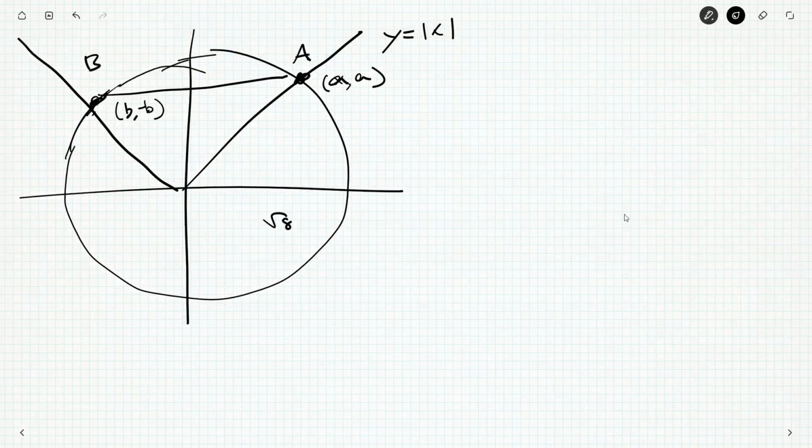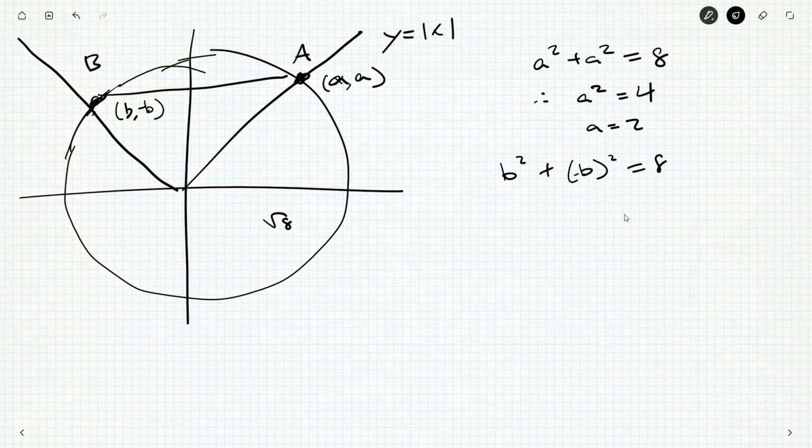I suppose we could solve. Now, a squared plus a squared is equal to 8. So a squared is going to be 4, a is going to be 2. We also have b squared plus b squared is equal to 8. B is going to be negative 2 in this case.